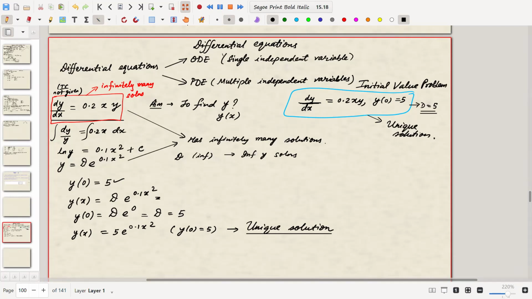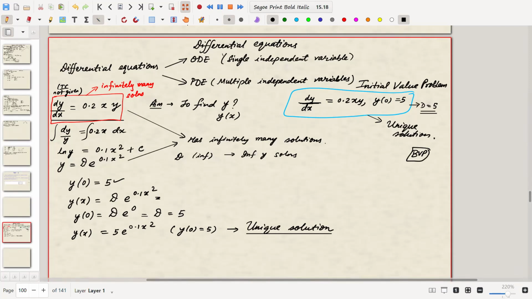Now this is the initial value. Now there is another class of problems where boundary values will be given to you. We'll see what it means. Those kinds of problems are known as boundary value problems.